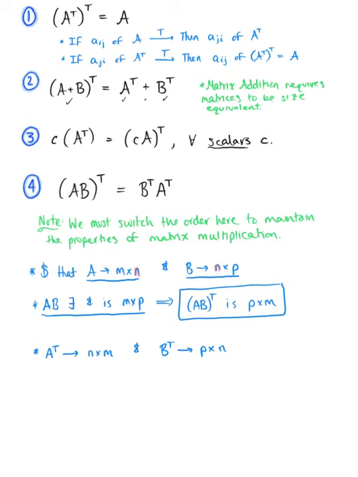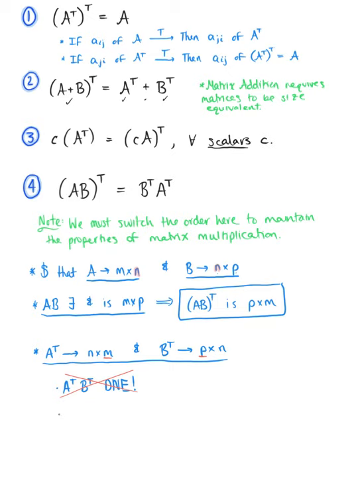So using this, we want to ask ourselves, does the transpose of matrix A multiplied by the transpose of matrix B exist? No, this does not exist. We can see that the number of columns of the first matrix does not match the number of rows of the second matrix. So this product cannot exist.